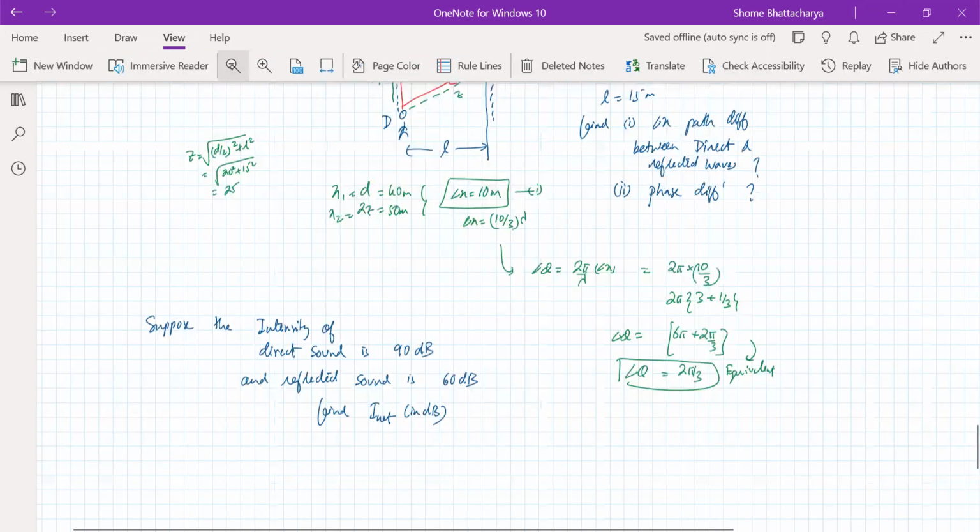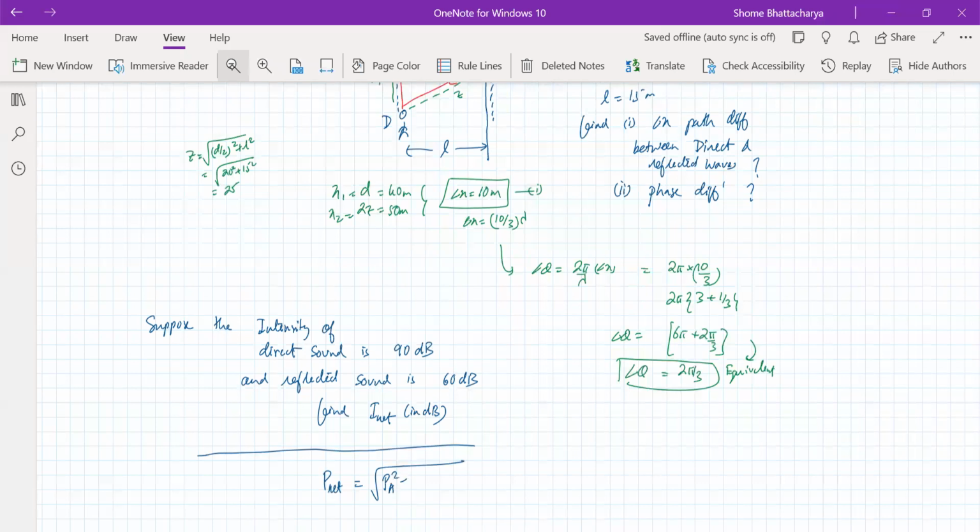What we had seen earlier is that the resultant amplitude is given by this. Now the resultant intensity is proportional to P net square, and the individual intensities are proportional to the individual amplitude squares. But here we are talking about intensity in watt per meter square, not in decibels. So we'll come back to this.